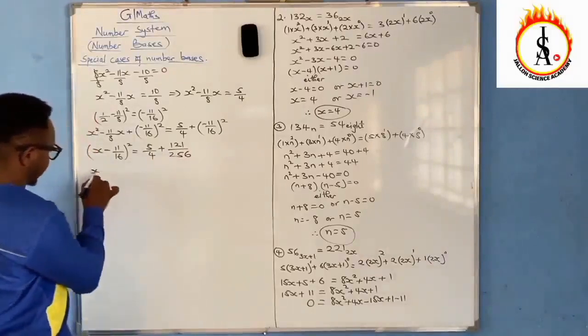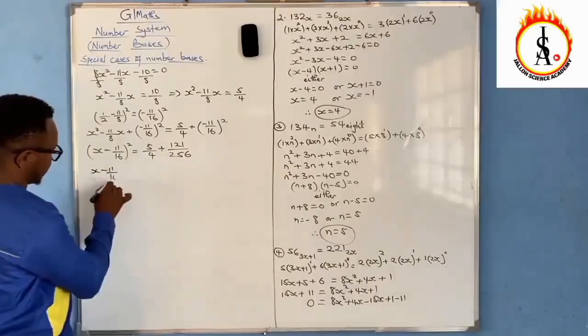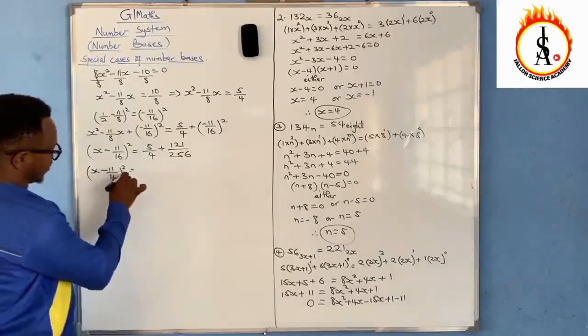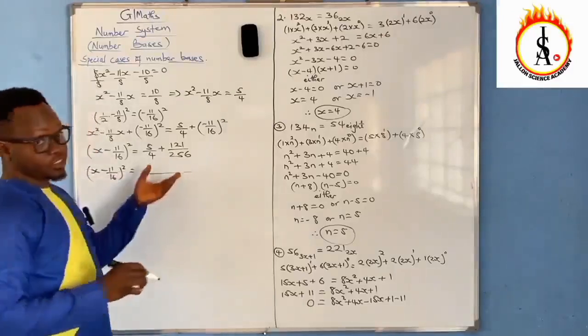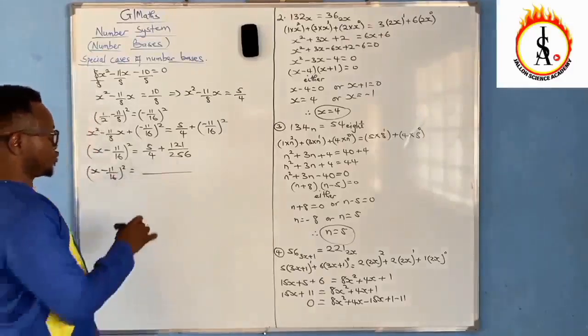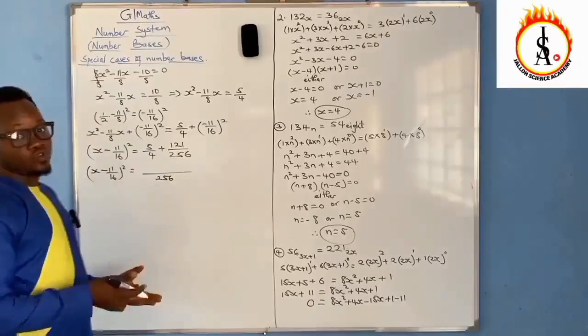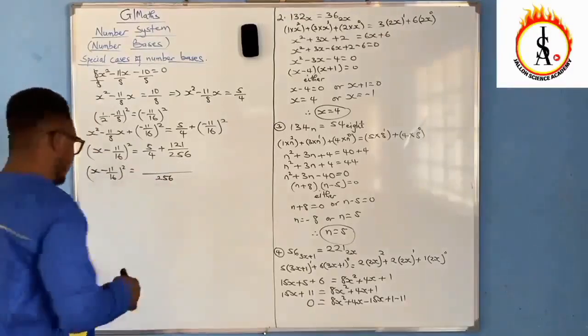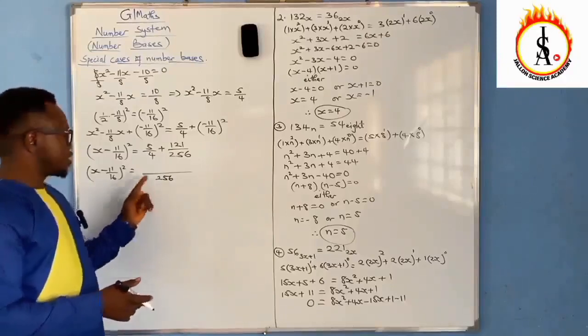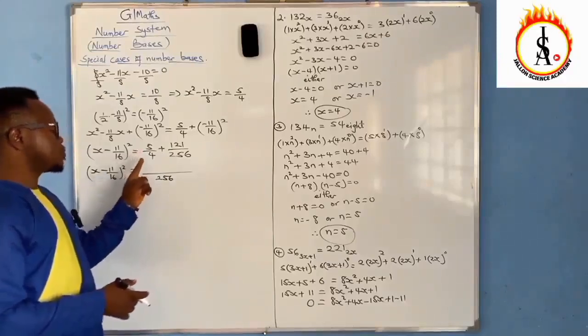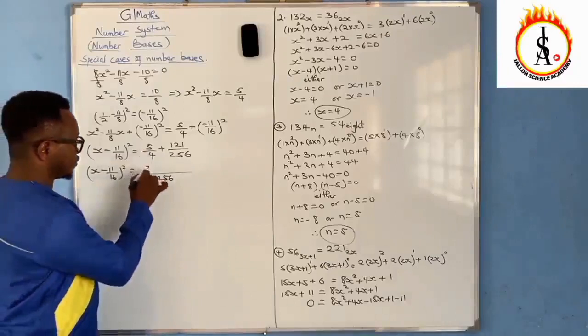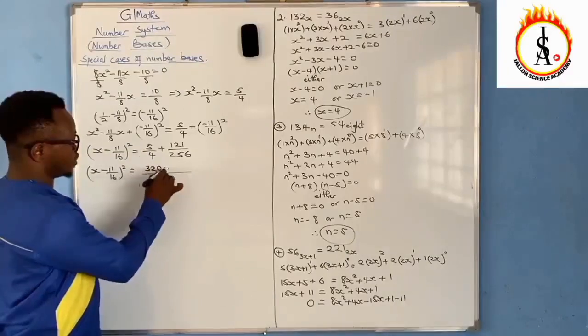So maintaining what we have on the left hand side, squared here is equal to, find the common denominator of 4 and 256. So we use 256. 4 into 256 is 64 times. And 64 multiplied by 5 gives us 320.